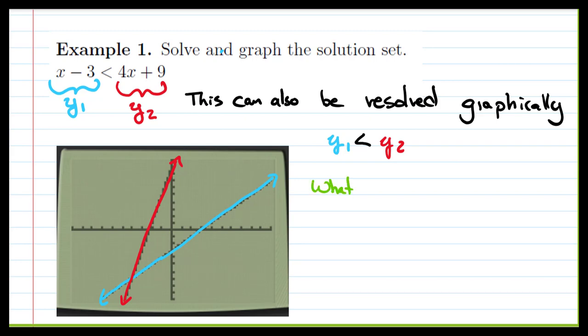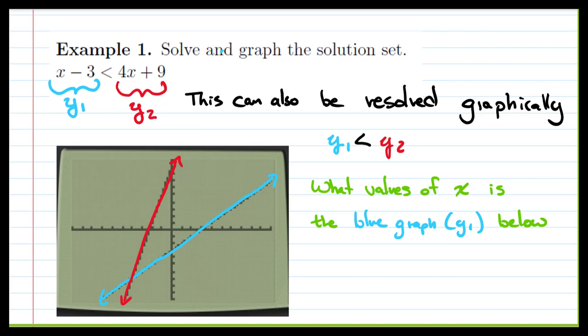So for what values of x is the blue graph y1 below the red graph?